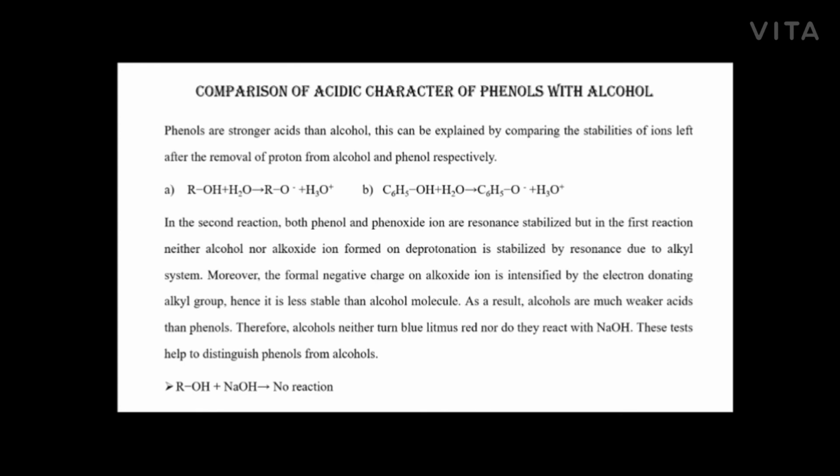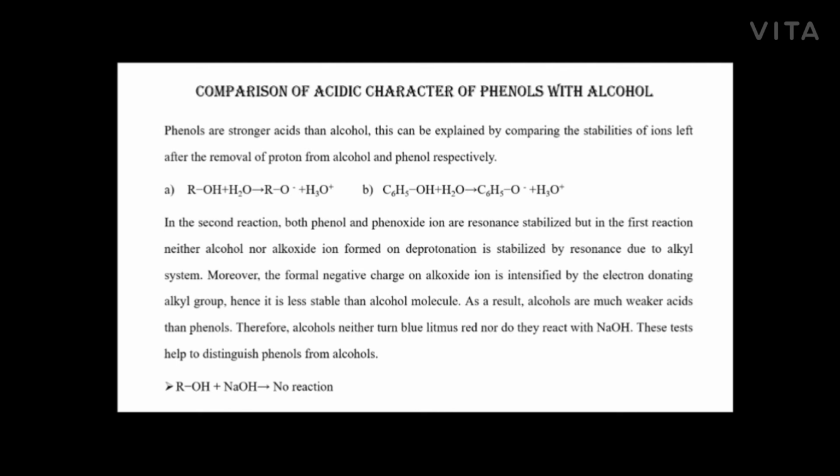Okay, if I compare the acidic character of phenols with alcohol, what do you think? Which of the following should have the greater acidic character, phenol or alcohol? This totally depends upon how stable the phenoxide in phenols and the alkoxide in alcohols are after the liberation of the proton.